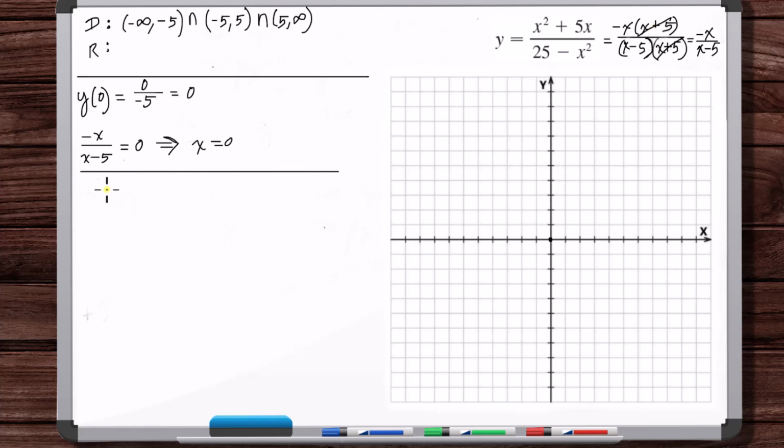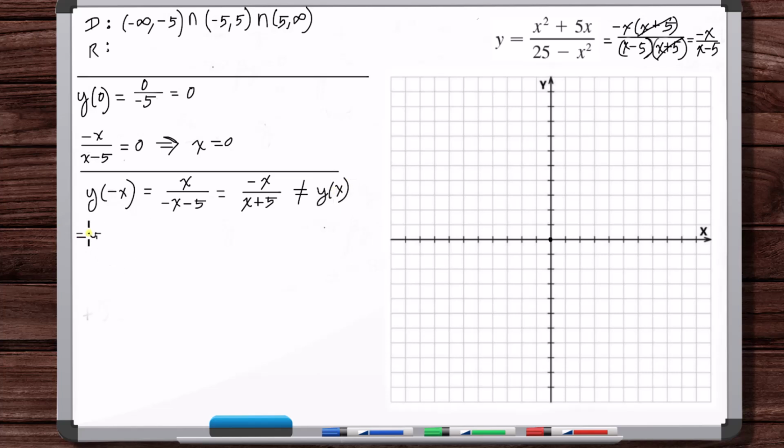Now, symmetry, is this an even function? So y of minus x is, okay, so this is minus x over x plus 5. And this is not equal to the original function.